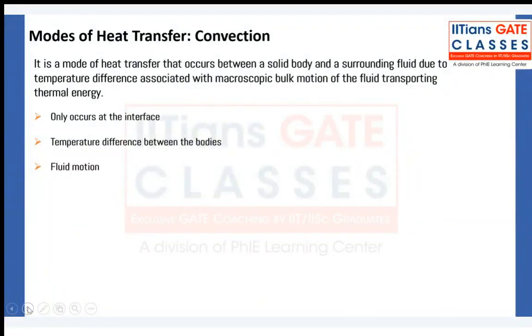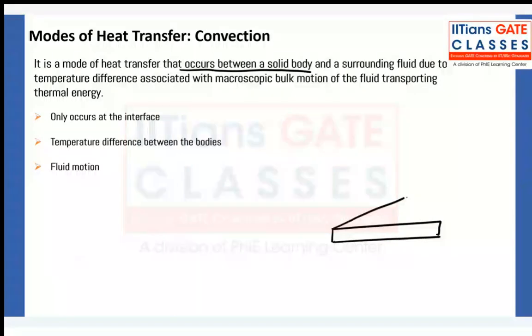It is a mode of heat transfer that occurs between a solid body, so we need a solid body first of all. Let's say this is the solid body. And we need a surrounding fluid, let's say air, water, whatever you want.